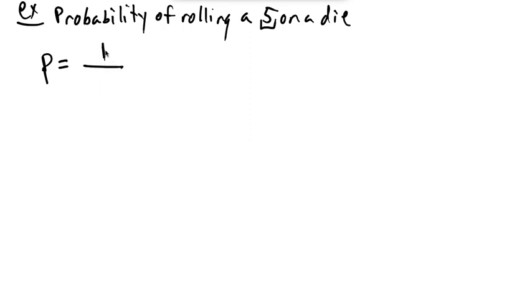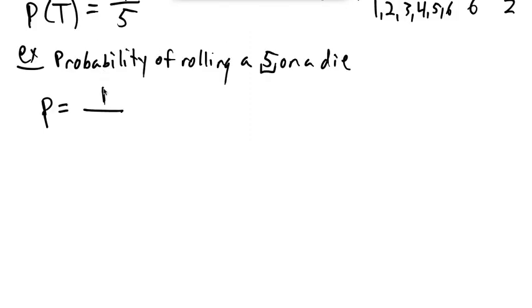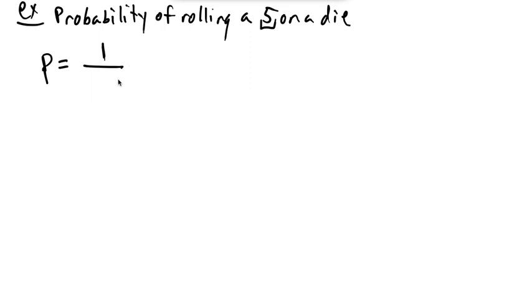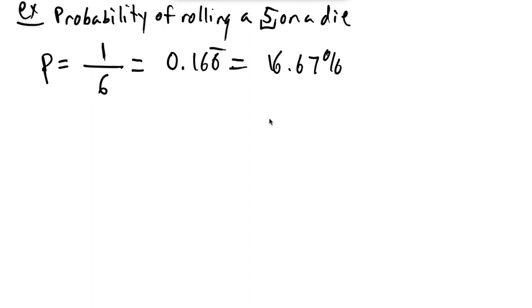How many different ways can we roll? Well, we can roll a 1, 2, 3, 4, 5, or 6, meaning that there's 6 different options. So our probability for this is 1/6, or we can write that as 0.166 repeating, or we can write that as 16.67%. Any of those will work.